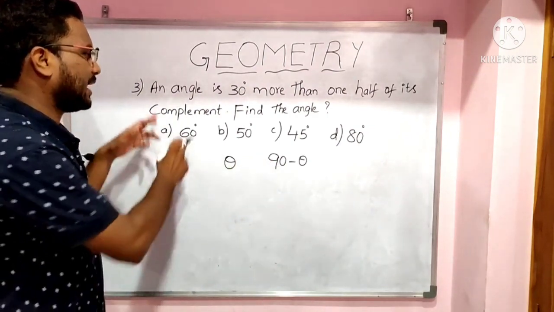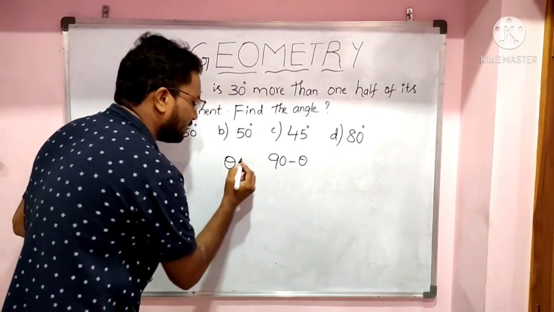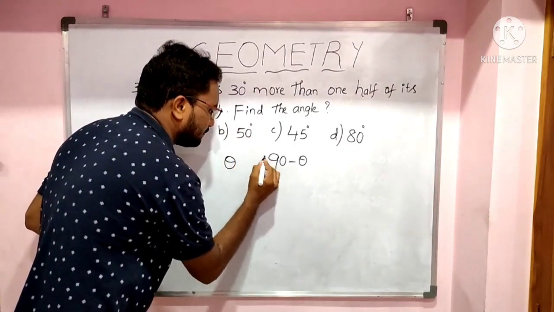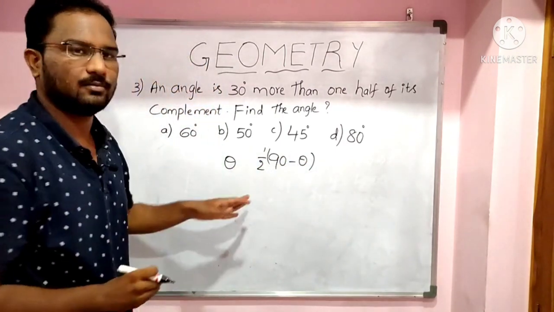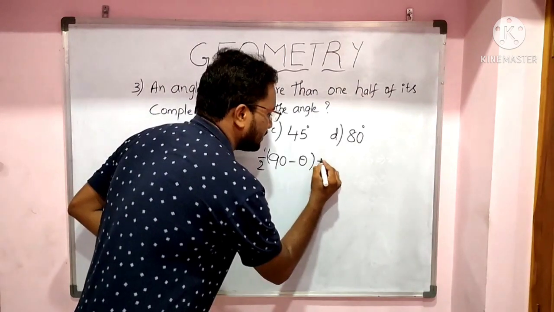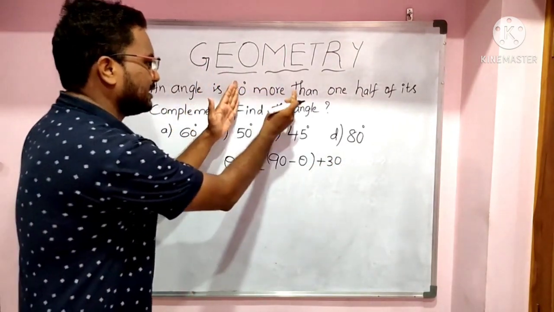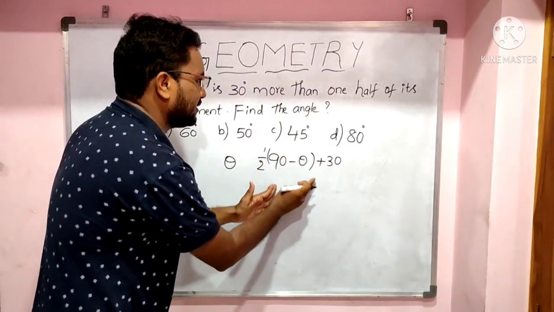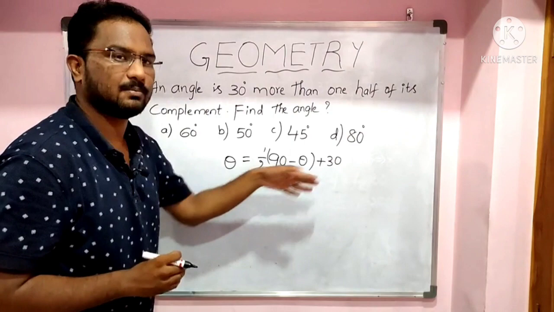What is given? An angle is 30 degrees more than 1/2 of its complement. So this is equal to half into 90 minus theta, plus 30 degrees.